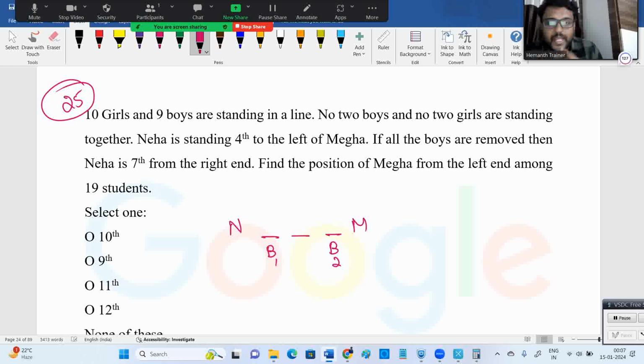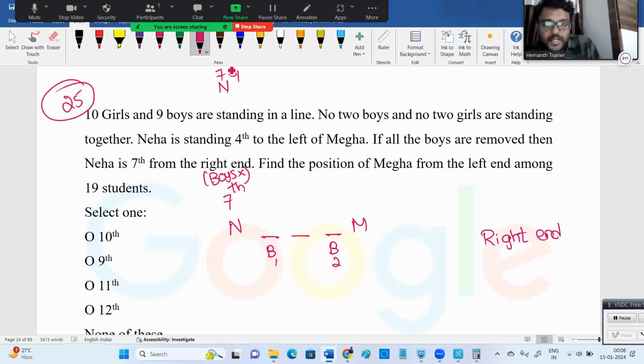Fine, Neha. If all the boys are removed, Neha is seventh from the right end. From the right end, without boys, Neha is seventh. Boys excluded. Seventh from the right end means seventh girl, right?